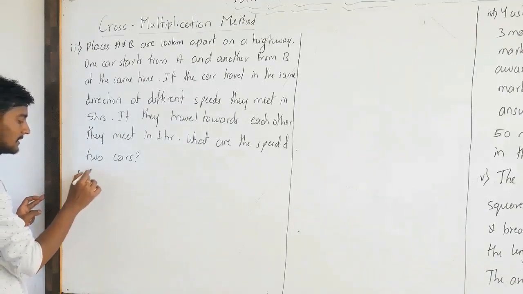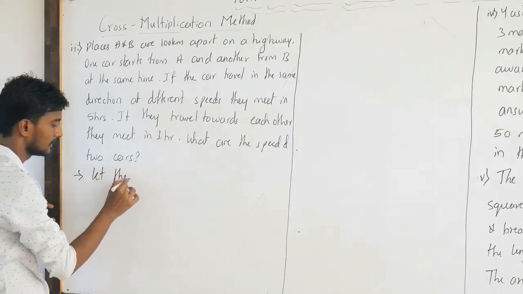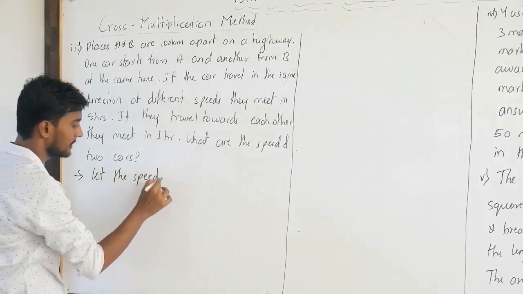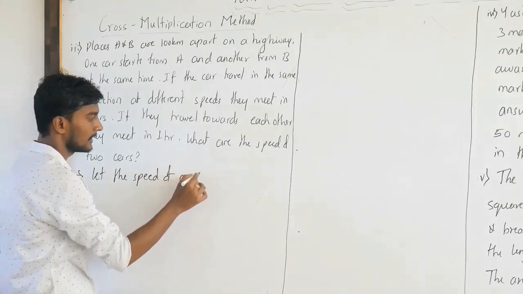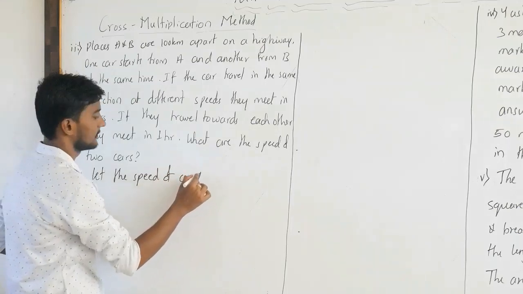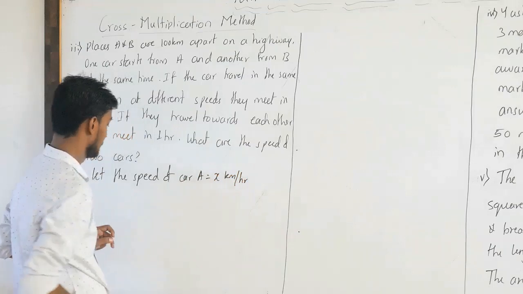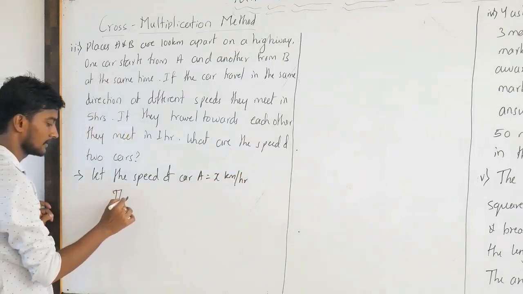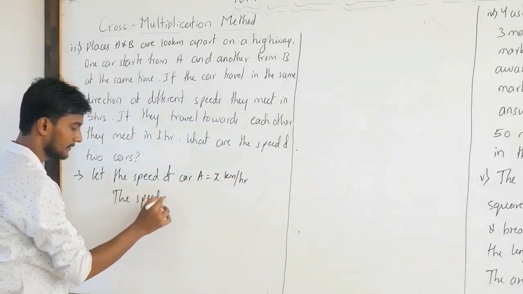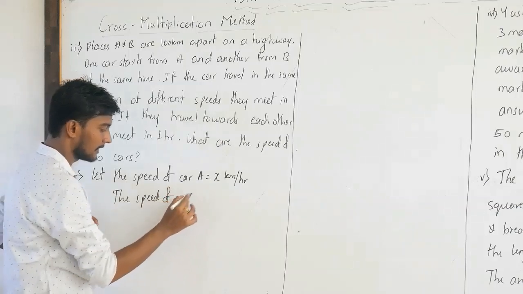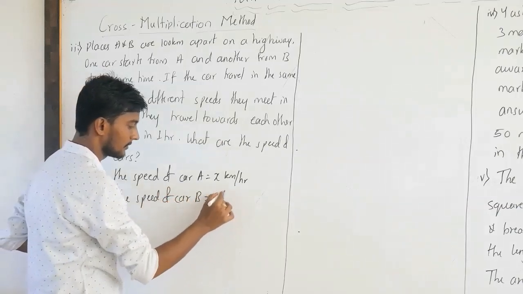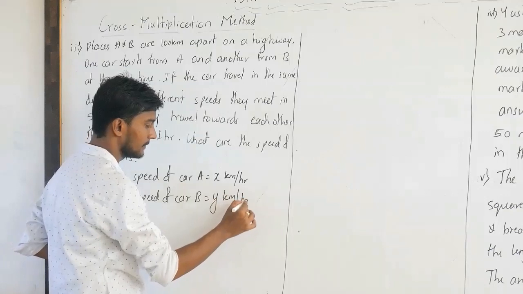So let us assume the speed of car A is x kilometer per hour, and the speed of car B is y kilometer per hour.